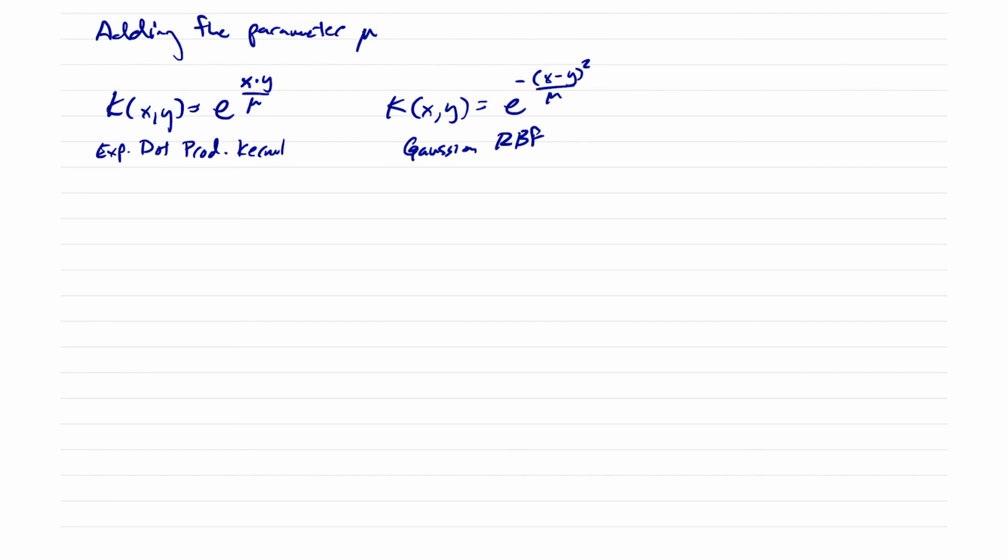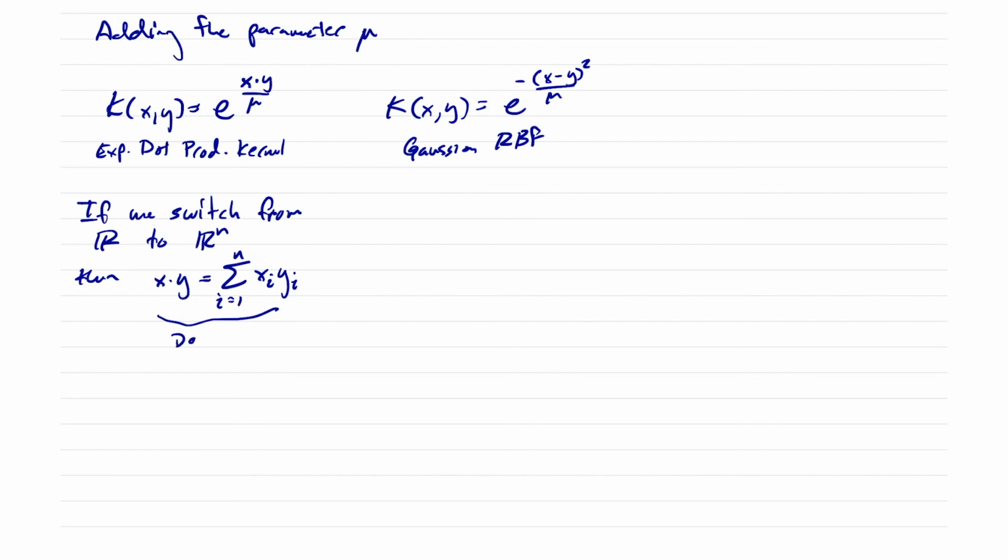Okay, so the big questions then are why are these called the dot product kernel and the Gaussian RBF kernel? Well, if we switch from R to Rn, then x dot y becomes the sum of xi times yi, i going from 1 to n, and this is the dot product. And nothing else, and that's still a kernel.